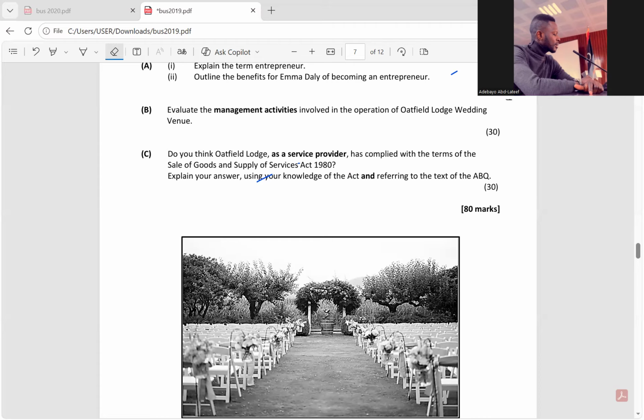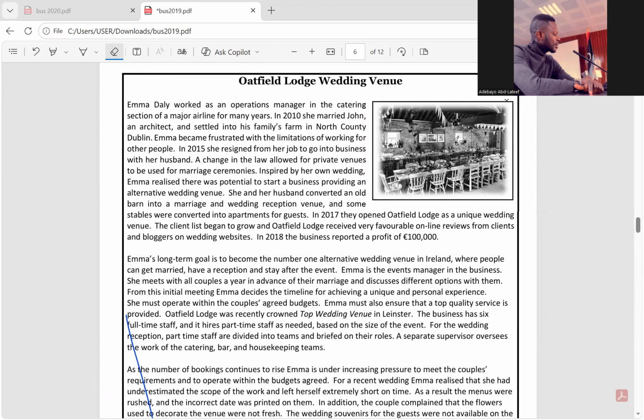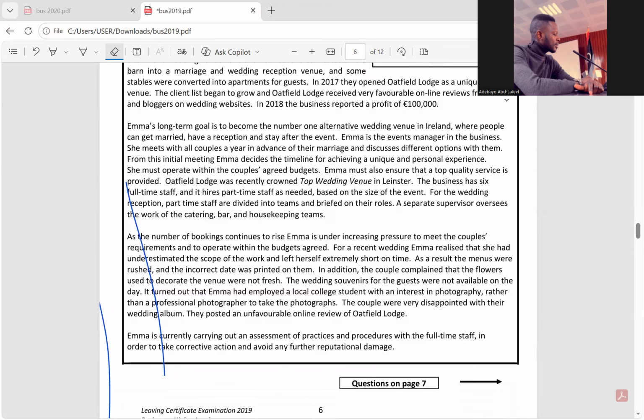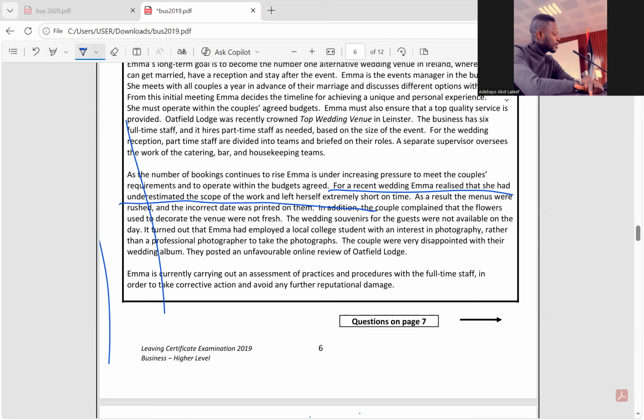According to the extract, for a recent wedding, Emma realized she had underestimated the scope of the work and left herself extremely short on time.